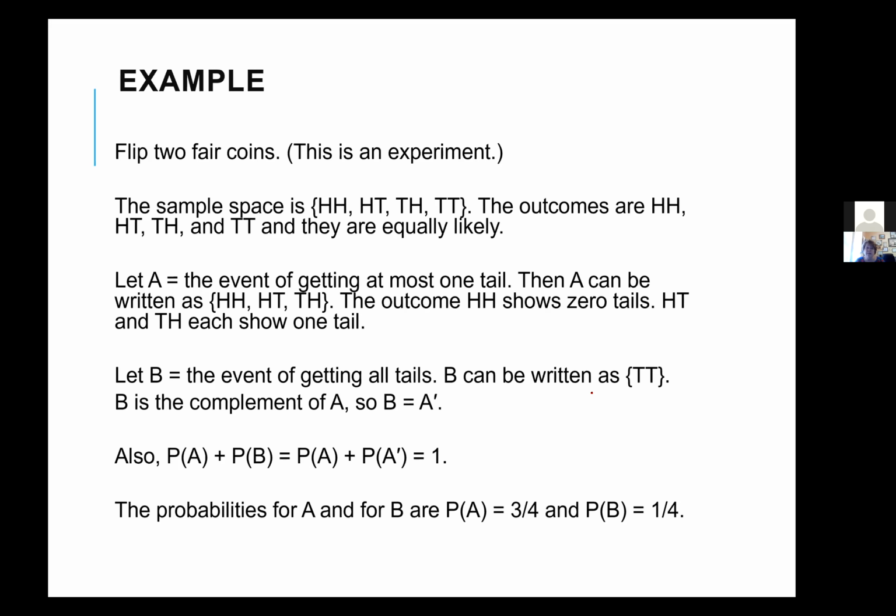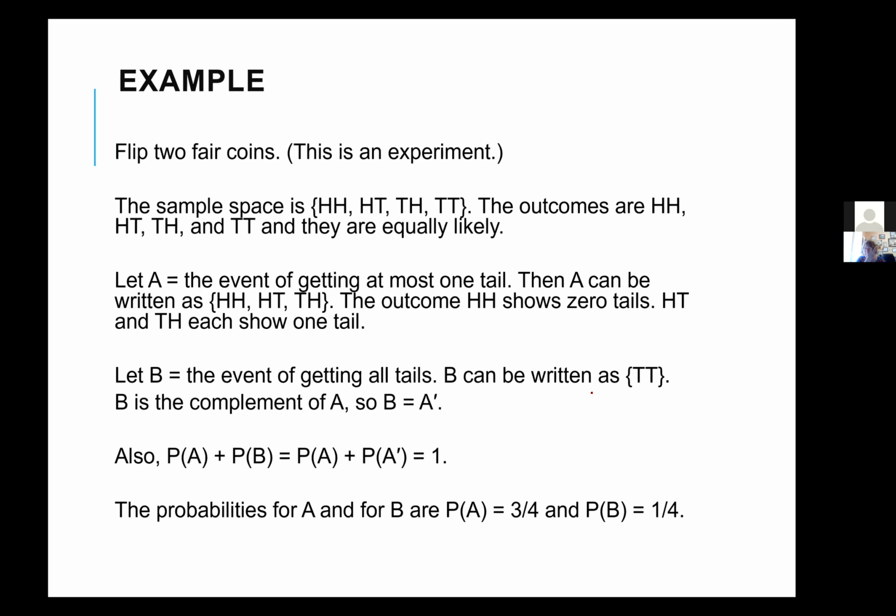Okay, so let's let A be the event of getting at most 1 tail, so no more than 1 tail. So A would consist of the set: you could get a head head, that's not more than 1 tail, or a head tail, that's not more than 1 tail, or a tail head.